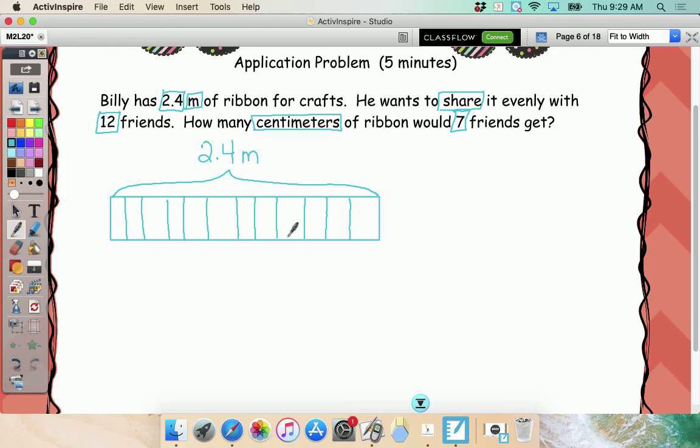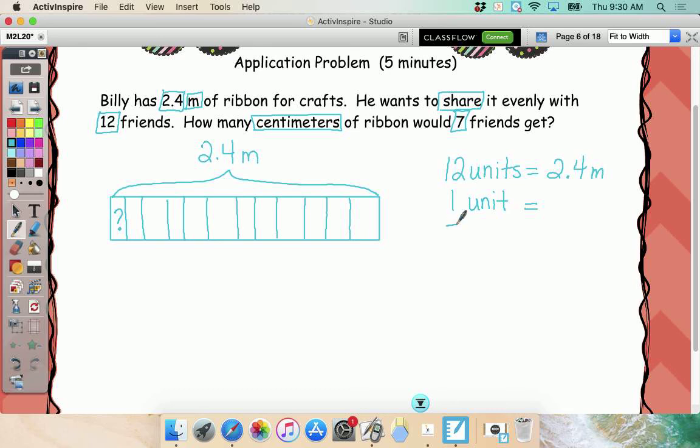Okay, it says how many centimeters of ribbon would 7 friends get? So I've got to figure out 1 unit. Here's what I know. I know 12 units, write this down, equals 2.4 meters. Okay? I've got to figure out 1 unit before I do anything else.